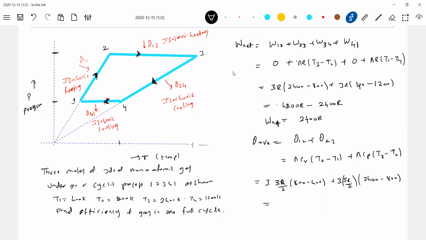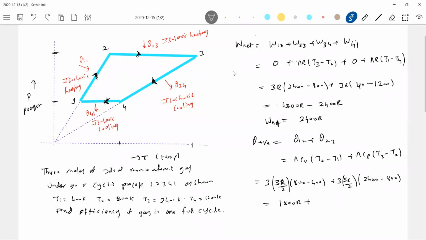So 400, 400, 400, 200, 200 into this, 1800R. 2400 minus 800, 1600, 1600 by 2, 800, 800 into 15.